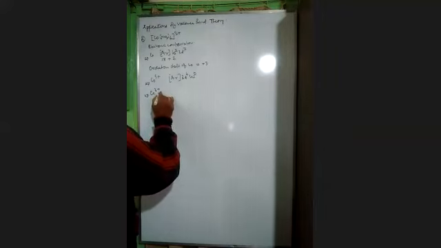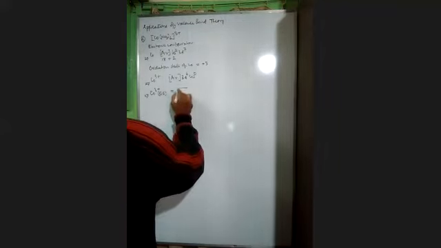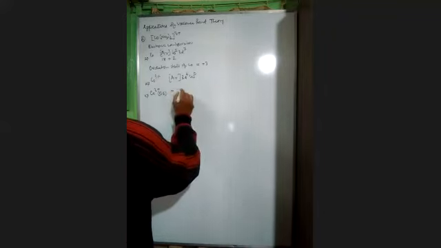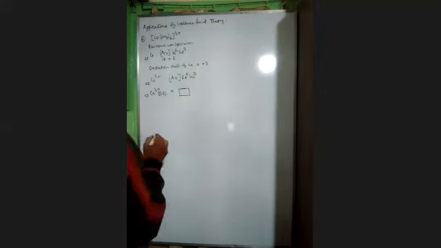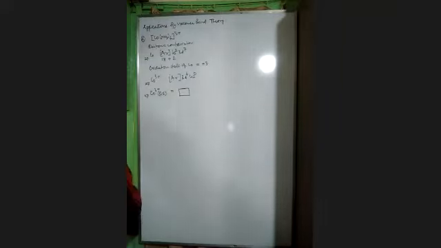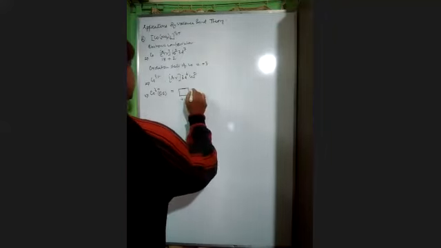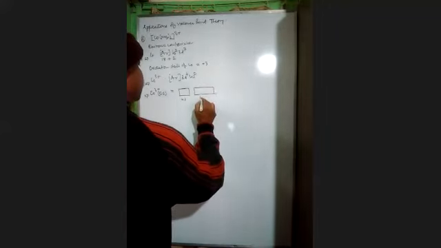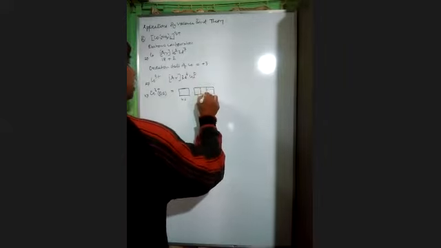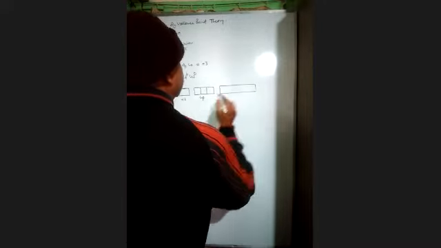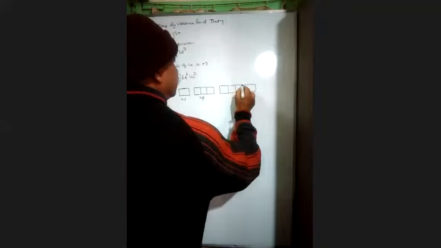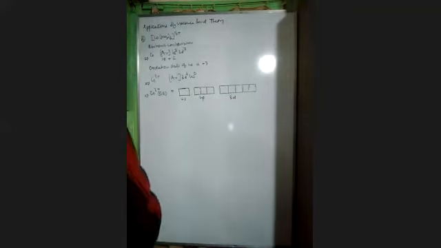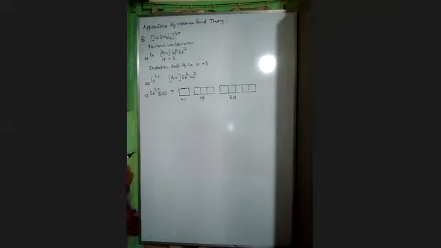Here I'll write 4s, 4p, and 3d. In 4s you don't have an electron, in 4p also you don't have an electron, and 3d has 6.